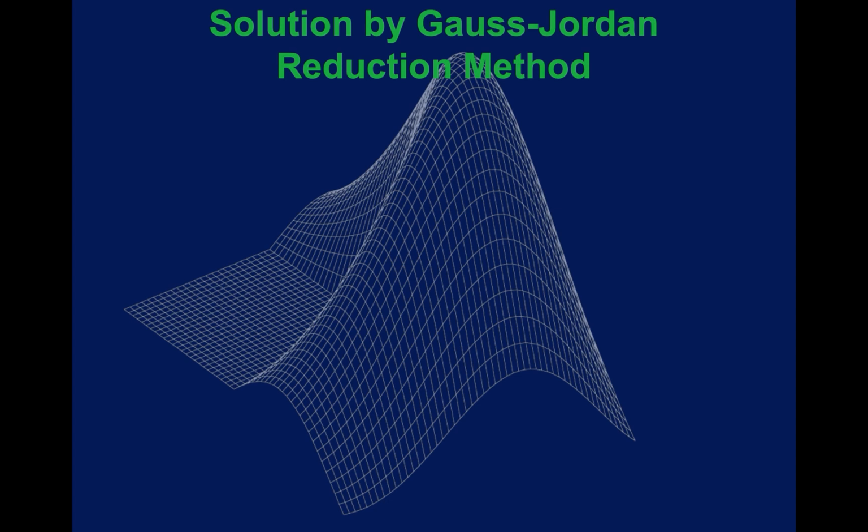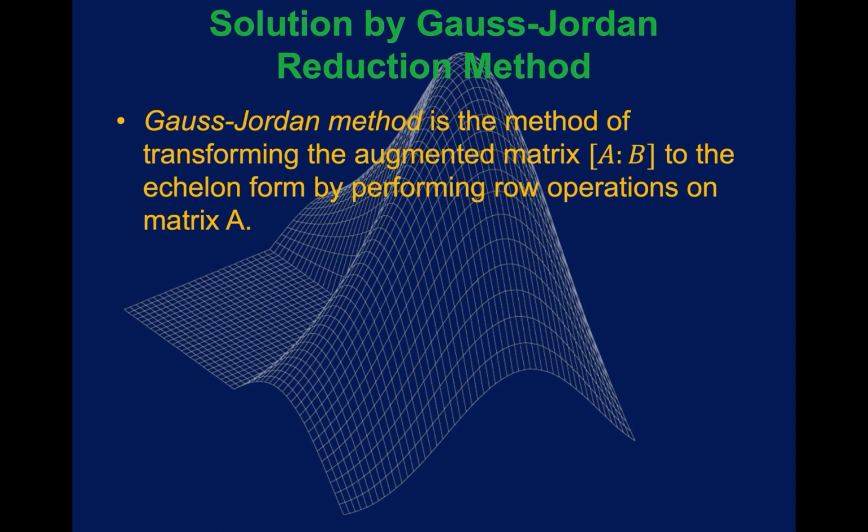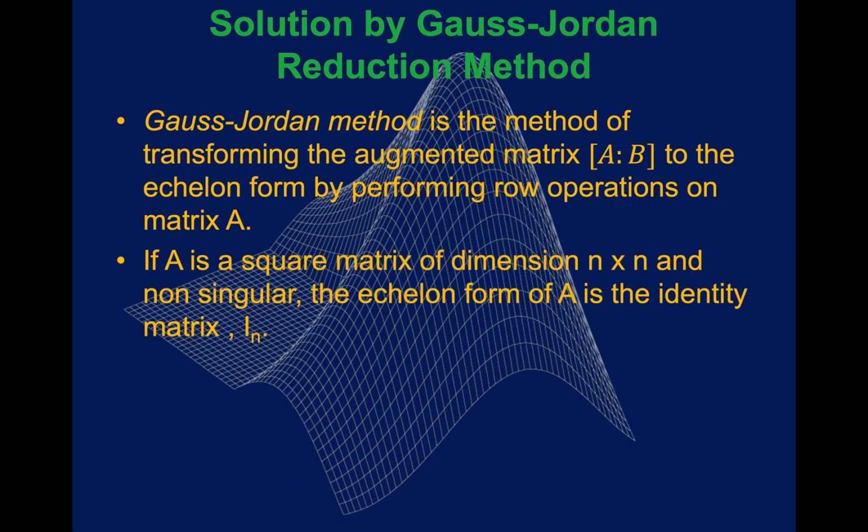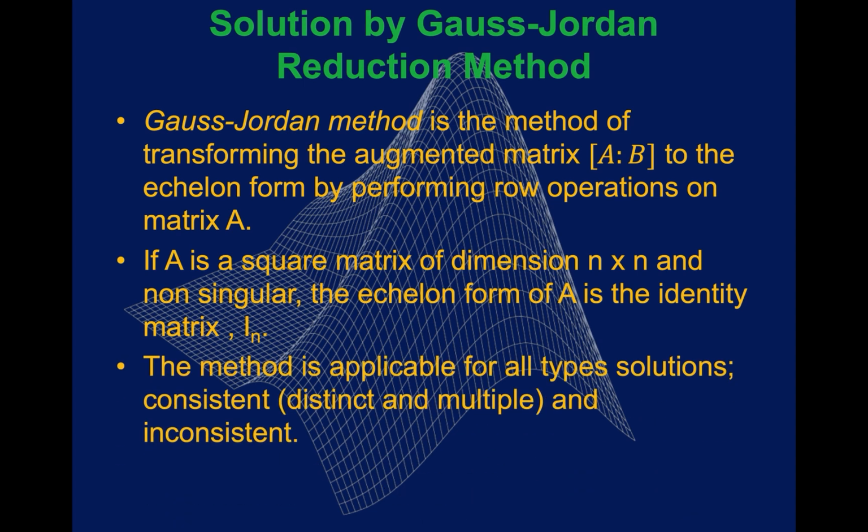And then the Gauss-Jordan reduction method. Remember that in your linear algebra, this transforms the augmented matrix AB to the echelon form by performing row operations on matrix A. So in MATLAB, define first your augmented matrix AB. But you don't need to put the semicolon. So just write down the entries of B as the last column of the augmented matrix AB.